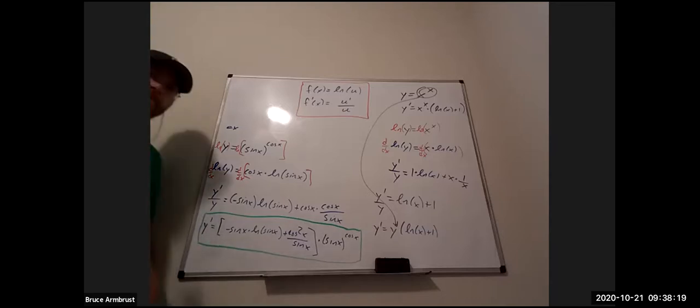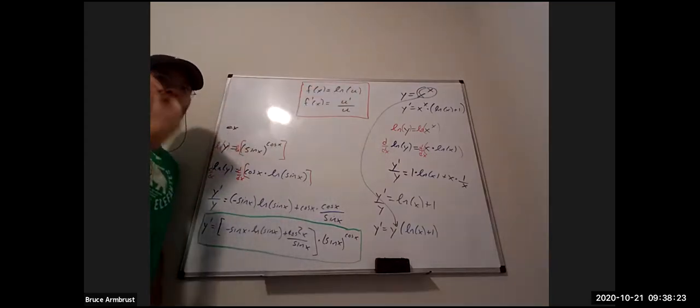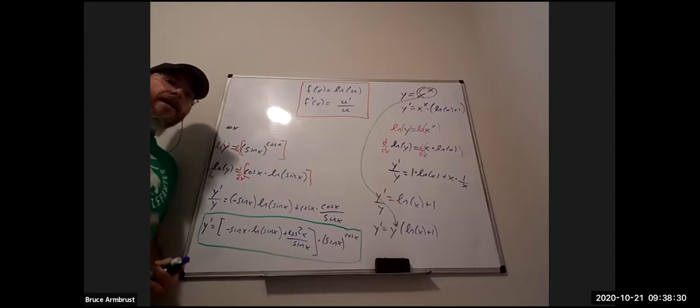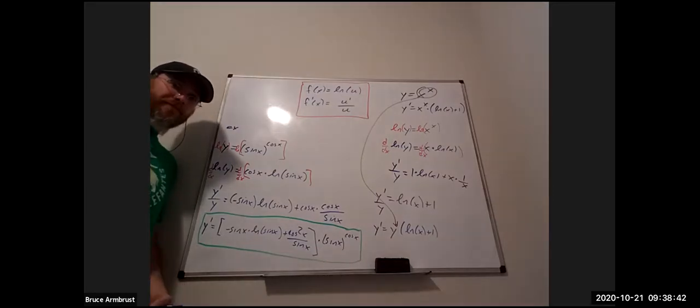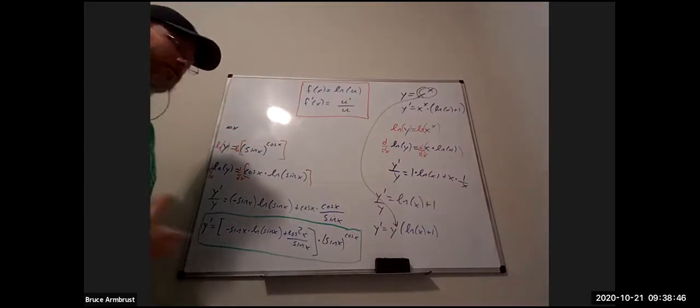Okay, now these two, the x to the x and the sine x to the cosine of x, those were both things that we could not differentiate otherwise. I want to show you some that we can differentiate, but by using logs makes it easier. All right, so let me write up an example here and we'll walk through it.